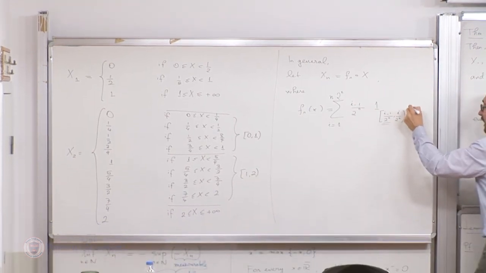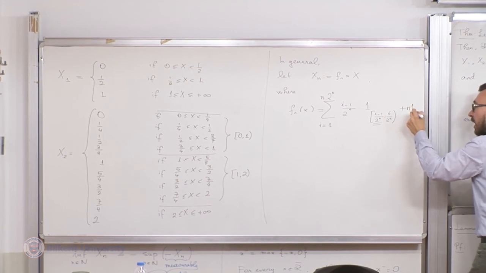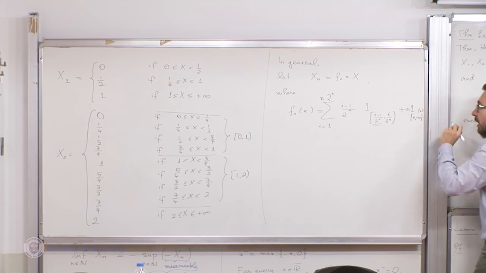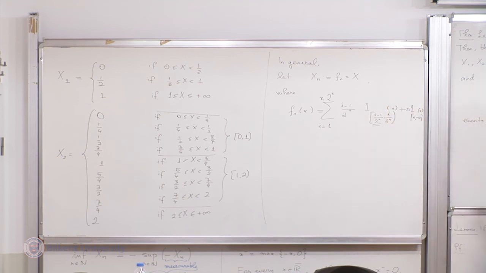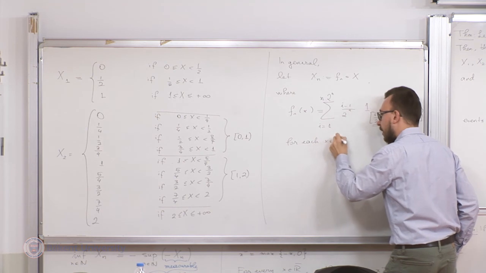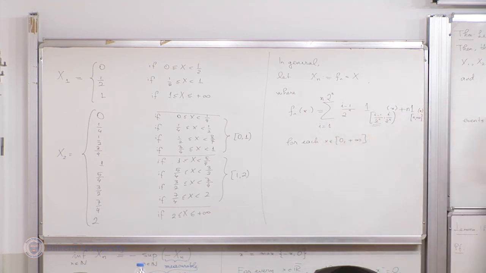So we're not done. We have to add the following: n to plus infinity of x. This is our function for each x between 0 and plus infinity, and we just apply it to x.